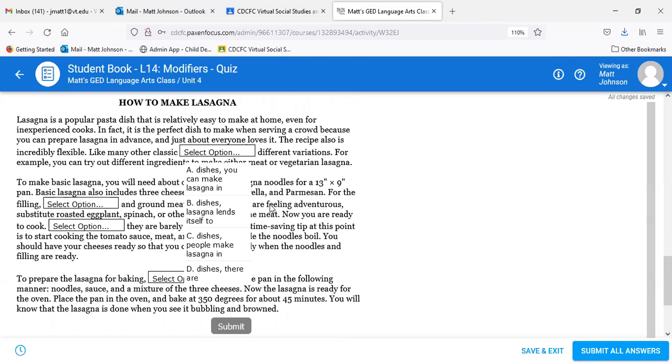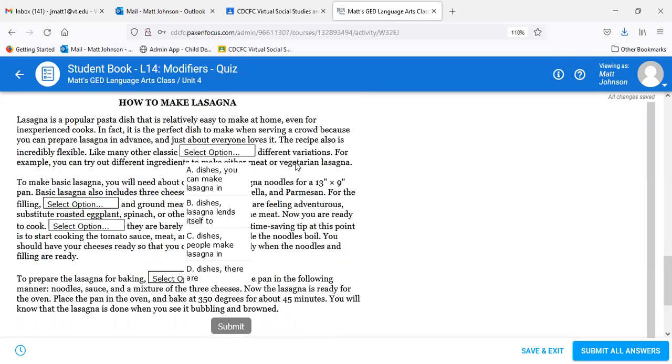So the correct answer here is B, and we'll look at why that is. Like many other classic dishes, lasagna lends itself to different variations. In A, like many other dishes, you can make lasagna in different variations. That's changing the subject.